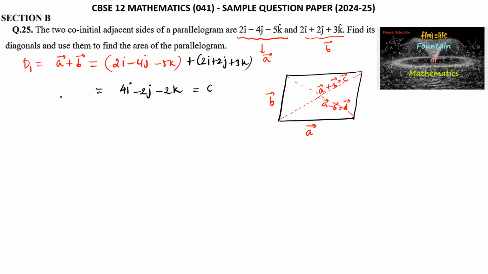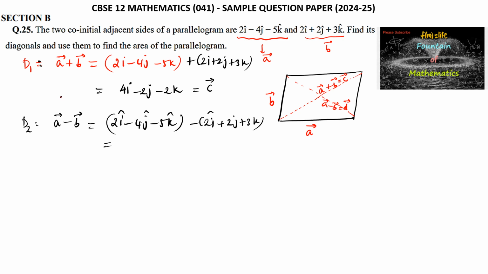Say this vector is C. And another diagonal, second diagonal, vector A minus vector B, which is equal to 2i minus 4j minus 5k minus 2i minus 2j minus 3k. On subtraction, we get 2i minus 2i is 0, minus 4 minus 2 is minus 6j, and minus 5k minus 3k, that is minus 8k. So this is the second diagonal. Let us consider it to be vector D.